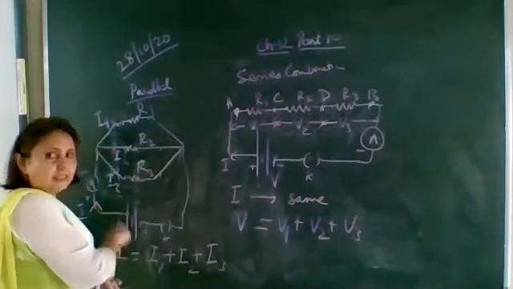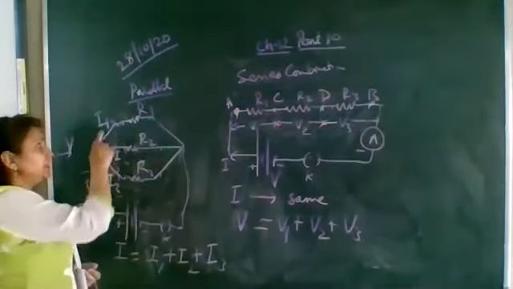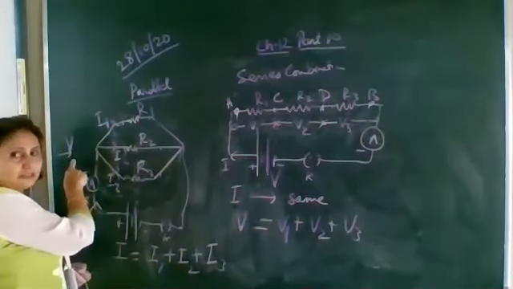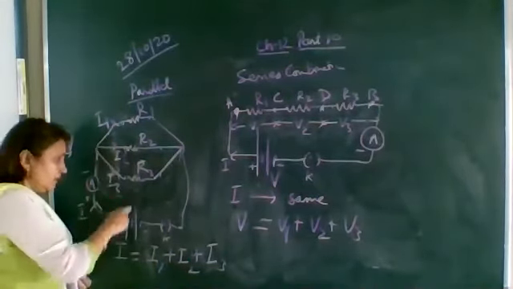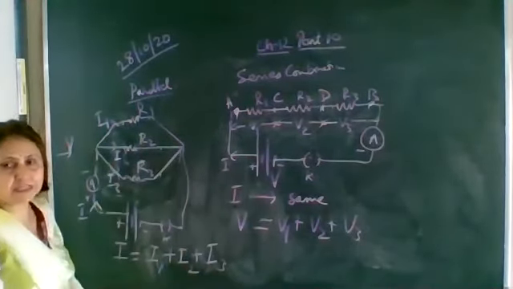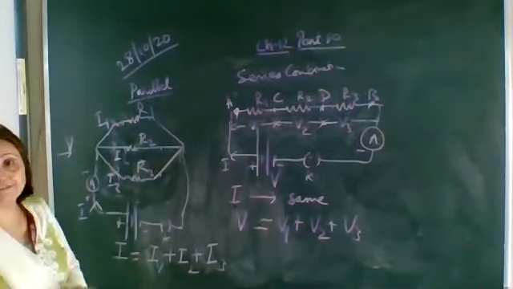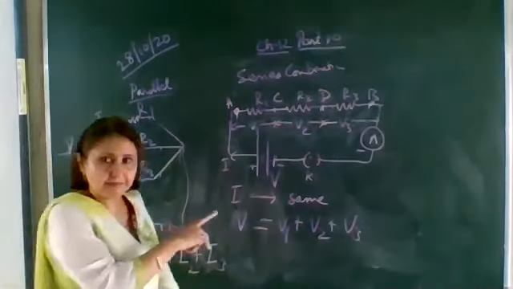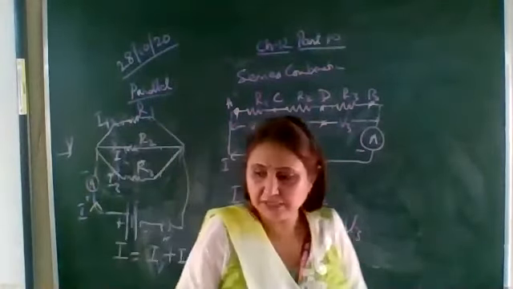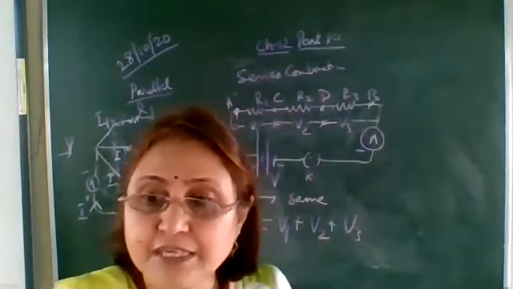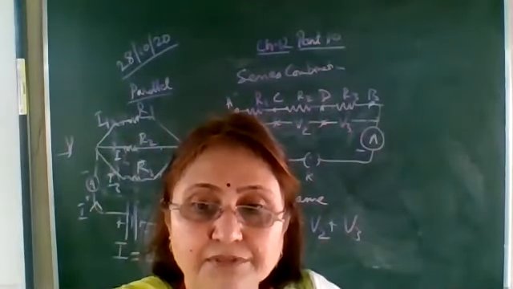Whereas in this case, the total current given by the battery will be equal to the sum of the currents through each branch, while the potential difference of the battery source will be the same across each resistor. Okay, so these things are to be remembered. Then we'll find out the equivalent resistance in the next term. Okay, and this will be explained once again, and a question will be given based on it.